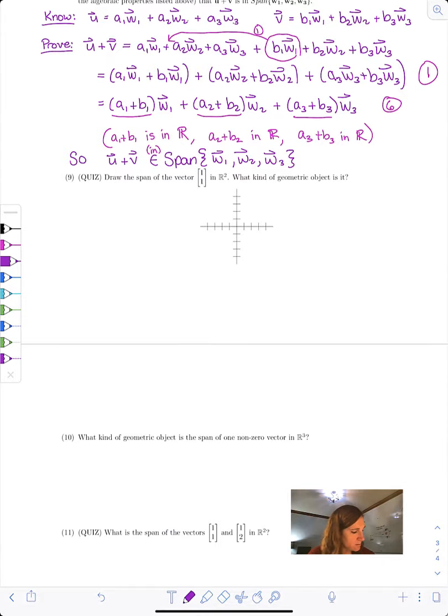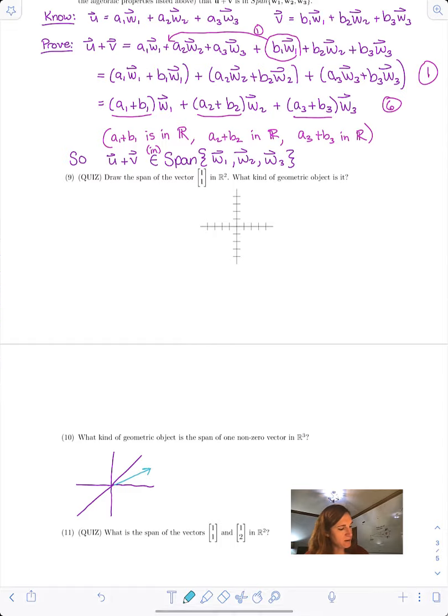In general, anytime you have one non-zero vector, even if you're in a three-dimensional space, the span is just all multiples of that vector. You're going to go maybe in a forward direction, maybe in a backward direction, but you're always going to get a line whenever you take the span of just one vector.